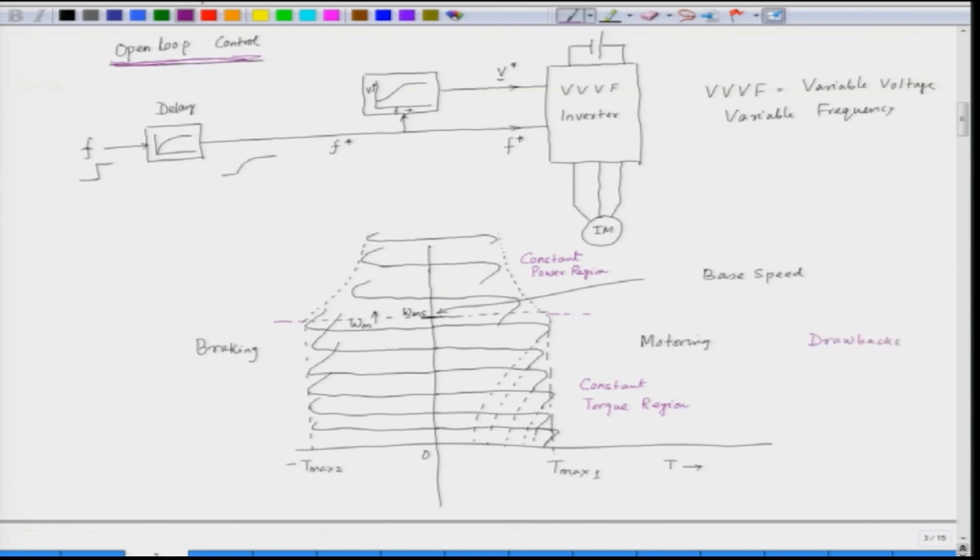This is an open loop control, with no direct control over the motor current, and stability may not be guaranteed in transient condition.